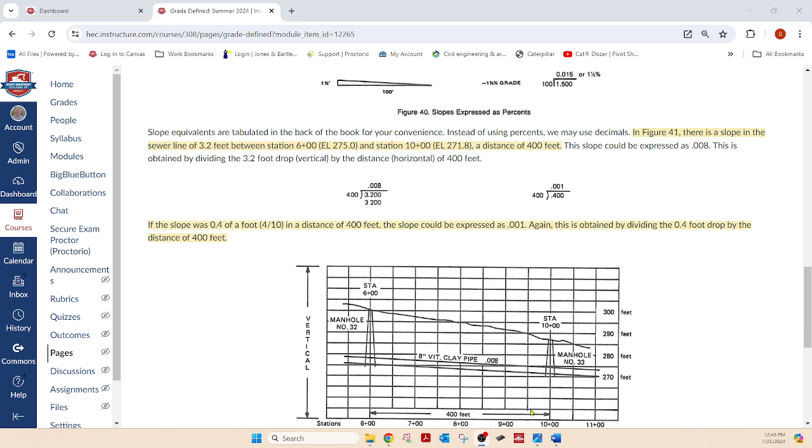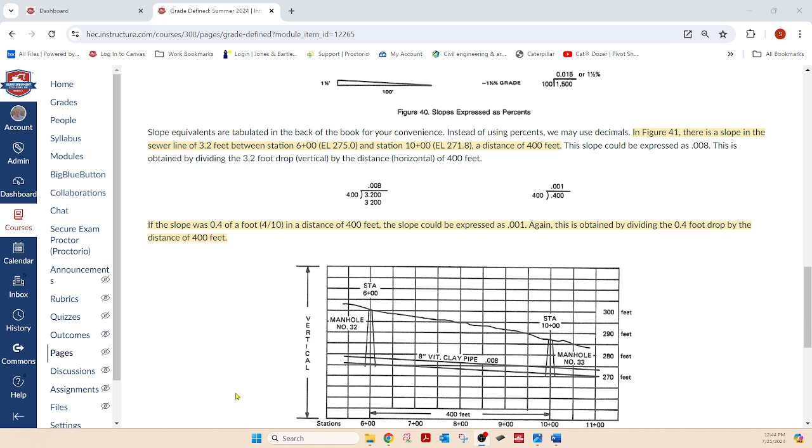Now, to get a vertical percent grade, the formula is vertical divided by horizontal. So the vertical distance, in this case down, is 3.2, as you see up here. They agree with me.